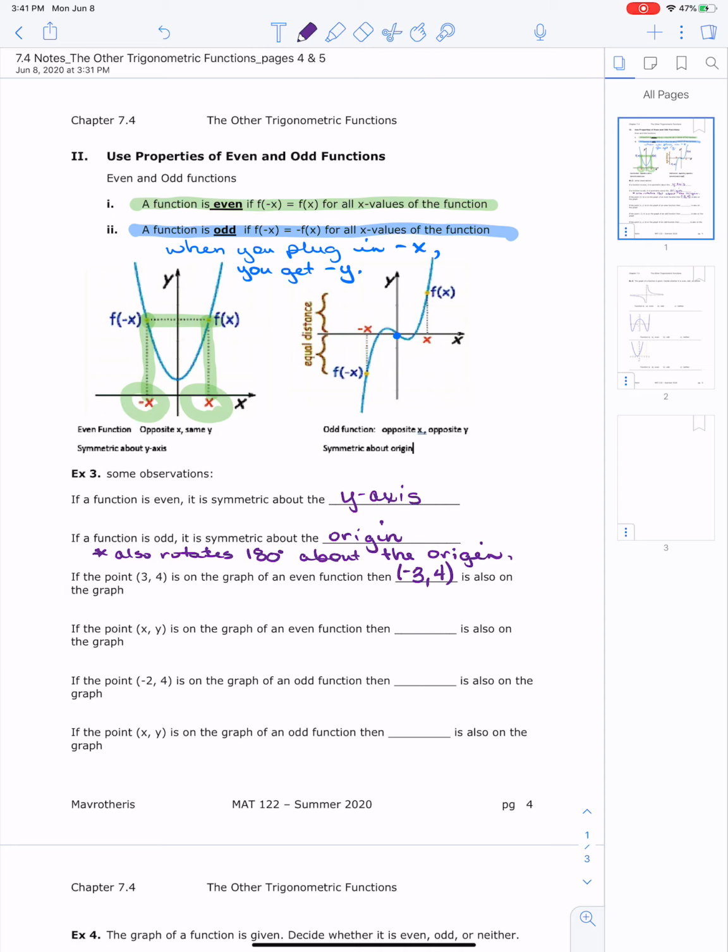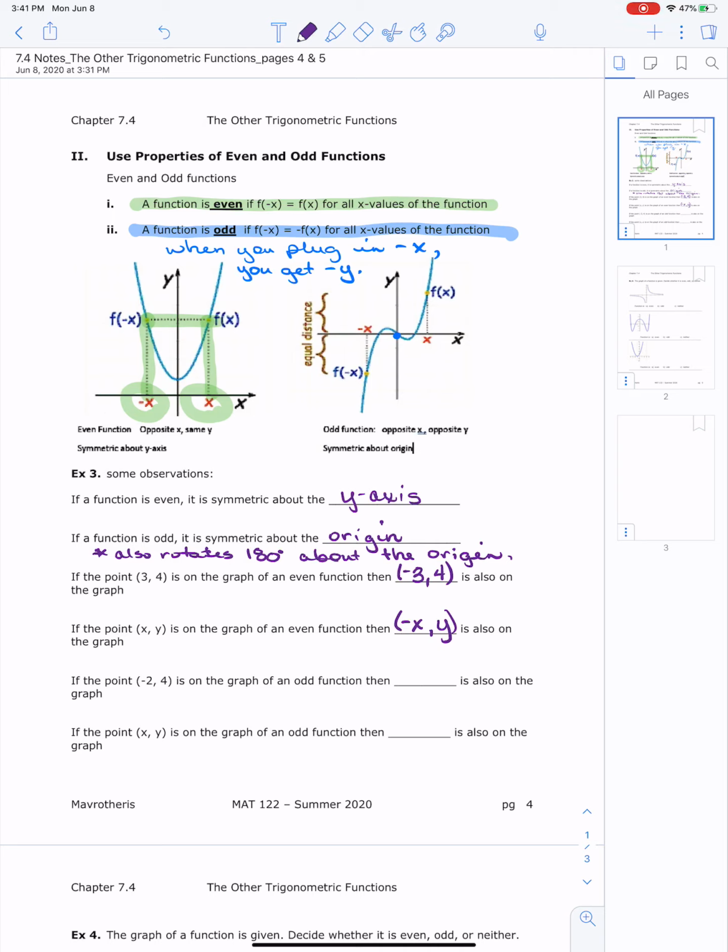Okay. If the point x, y is on the graph of an even function, positive x gives us positive y. If it's an even function, negative x also gives us positive y. Next one, we've got the point negative 2, 4 on the graph of an odd function. Okay.